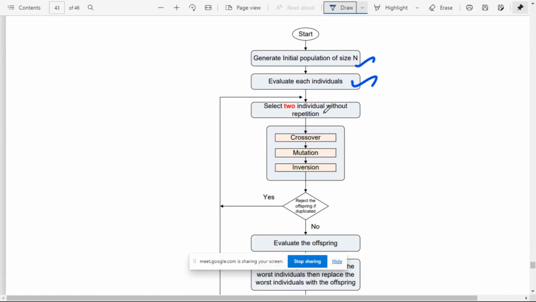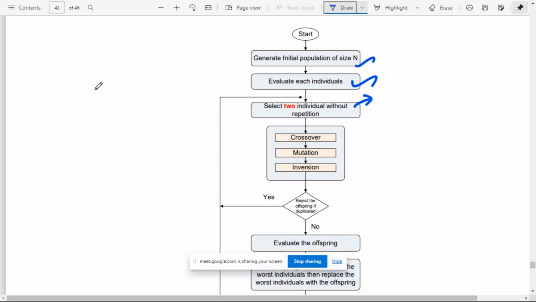Now select two individuals without repetition. You can either pick randomly, or identify the two individuals with the highest fitness score, but select two individuals only.